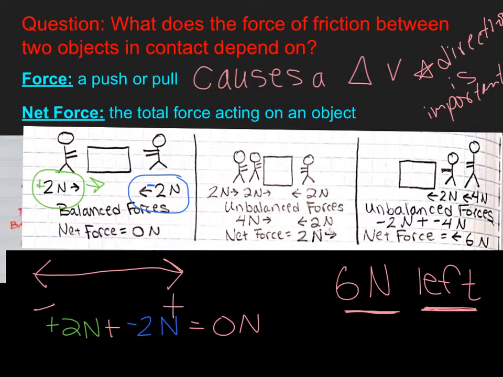So again, there's lots of different ways to represent direction. Sometimes we use it with a plus or a minus. Sometimes we use an arrow. Sometimes we actually use a word to describe it. Sometimes you might even just say in the direction of the applied force or in the direction of the motion, if you're really, really being vague on directions and there's not a lot of information in the problem about directions.